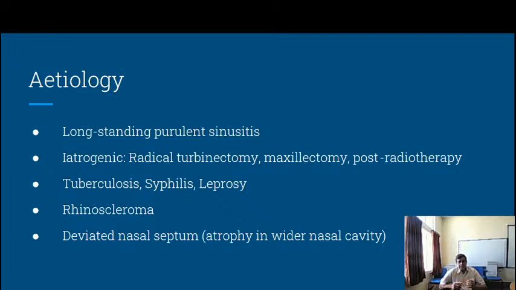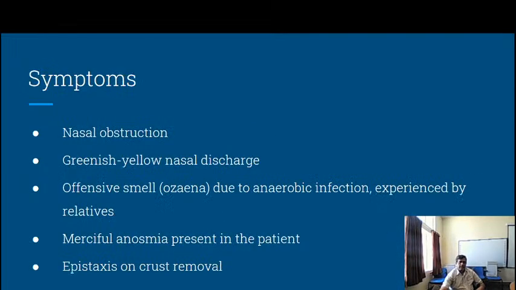This metaplasia is the transformation of the pseudostratified ciliated columnar epithelium into squamous epithelium. The squamous epithelium resists infections, but it cannot perform the normal functions of the nasal mucous membrane, that is, mucociliary clearance and the production of mucus. So that is how long-standing infections contribute to the formation of atrophic rhinitis.